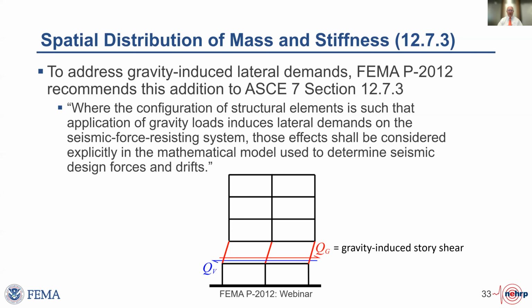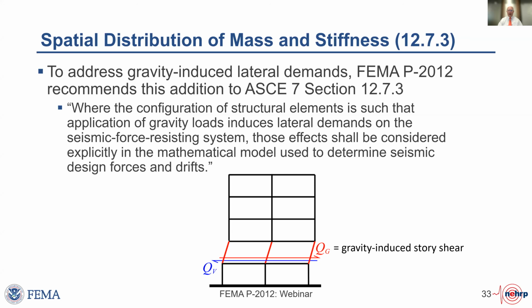So in the cartoon, you see the idea that if we have a bunch of columns at one story that all slope in the same direction, when you apply the gravity loads on the structure above, you get a net shear in that story. And that shear exists whether there's an earthquake or not, whether the wind is blowing or not.